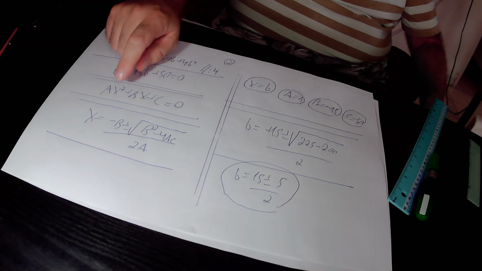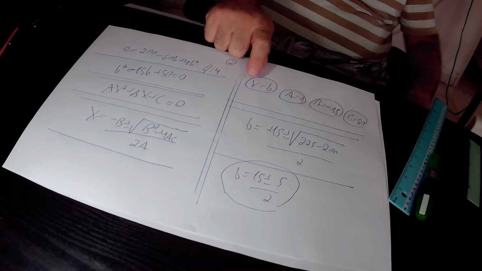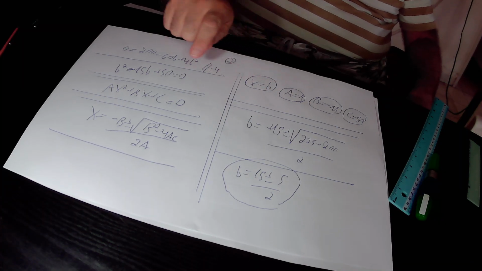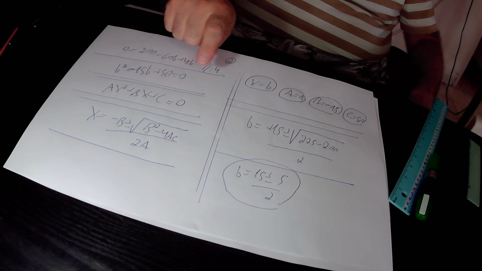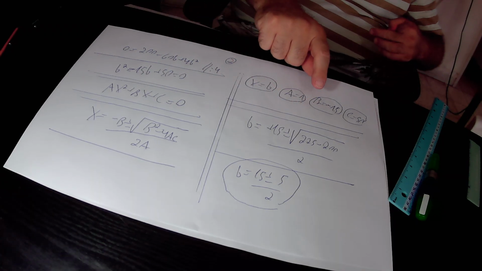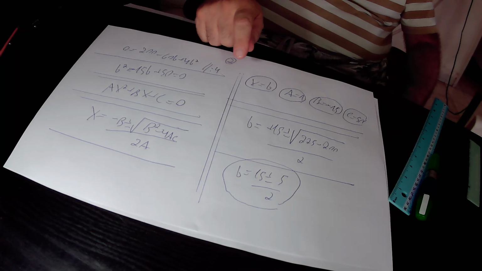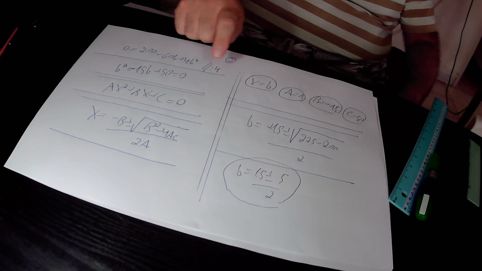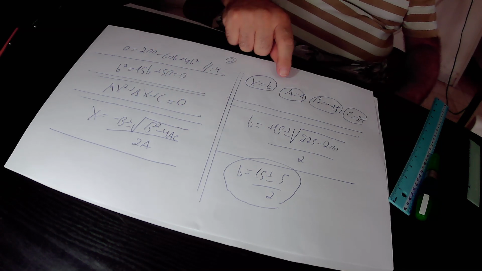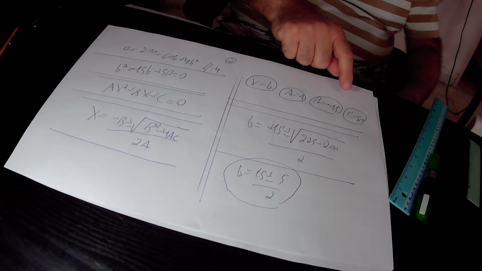So we substitute x by small b, and we find that small b equals minus b. b is minus 15, therefore minus b is minus minus 15, that is plus 15, plus minus square root of b squared. b is minus 15, therefore b squared is (minus 15) squared, that is 225, minus 4 times a times c. a is 1, so minus 4 times 1 is minus 4, times c is 50, so minus 4 times 50 is minus 200.